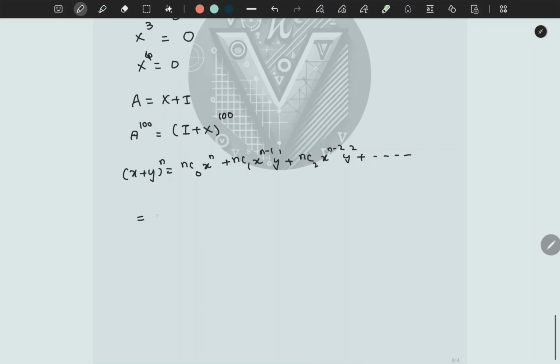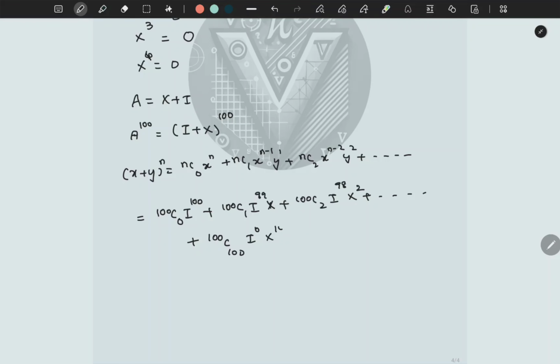This can be written as 100C0 into I to the power 100 plus 100C1 into I to the power 99 into X plus 100C2 into I to the power 98 into X square, and so on. What will the last term be? It should be 100C100 I to the power 0 into X to the power 100. I hope you have understood this.